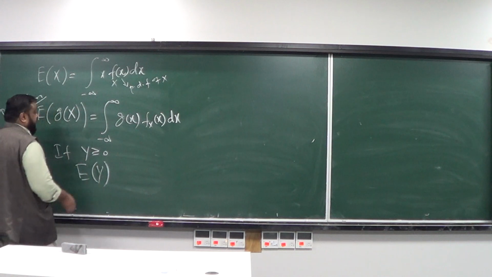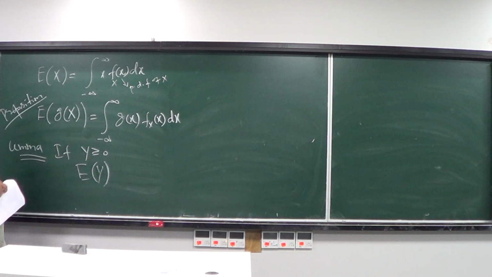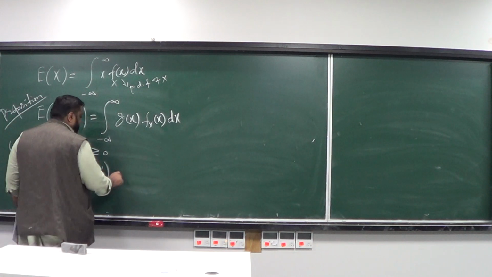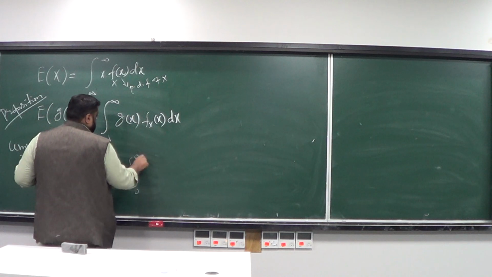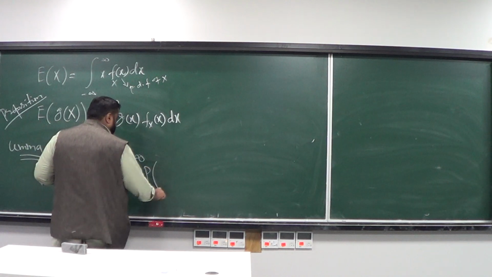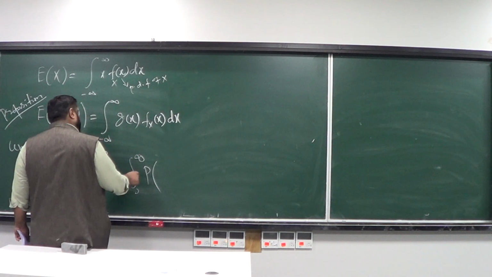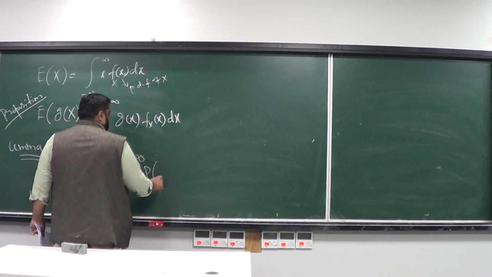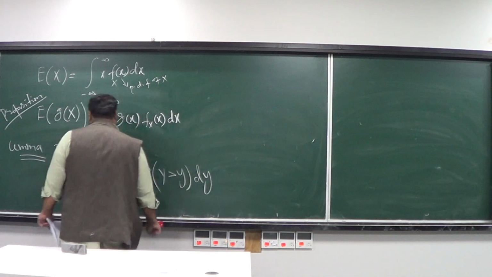One way to compute the expectation is the earlier formula, but you can also compute it by integrating from 0 to infinity the probabilities of Y being bigger than y, dy.